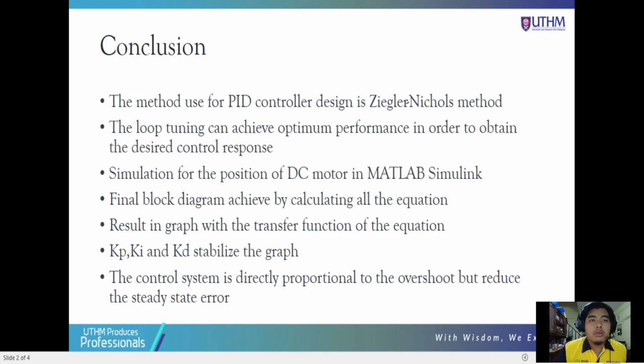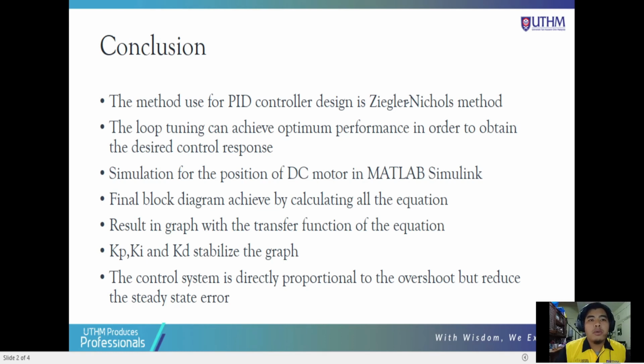For the conclusion, the method used for the PID controller design is the Ziegler-Nichols method. The loop tuning can achieve the optimum performance in order to obtain the desired control response. The simulation for the position of the DC motor is in MATLAB Simulink.